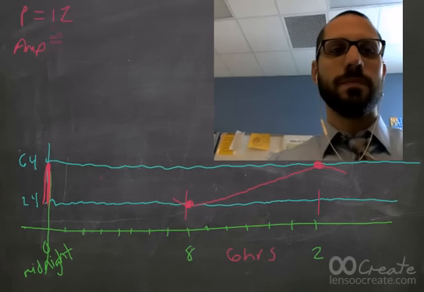So my amplitude is half of that, 20. Last thing we need, where's my midline? My vertical shift. 20 up from 24 would be 44.